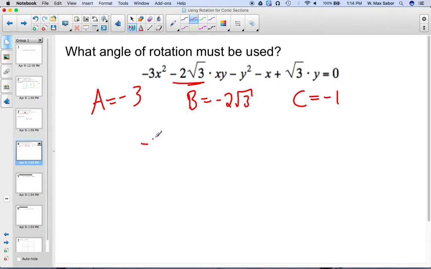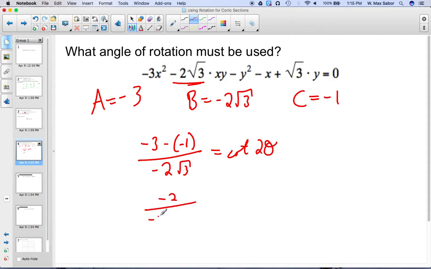We need -3 minus -1 over -2 square root of 3 equals cotangent of 2 theta. We subtract the numerator, divide, and we get 1 over square root of 3 equals cotangent of 2 theta.